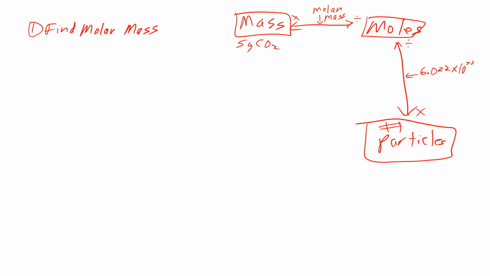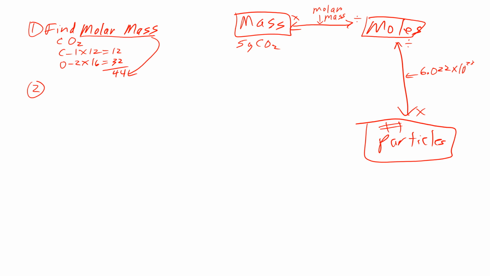Okay, so nice and neat, or not so nice and neat. It will be nice and neat here. We got one carbon, we got two oxygens. Each oxygen has a mass of 16. Each carbon has a mass of 12. Add them up, and my molar mass for carbon dioxide is 44.